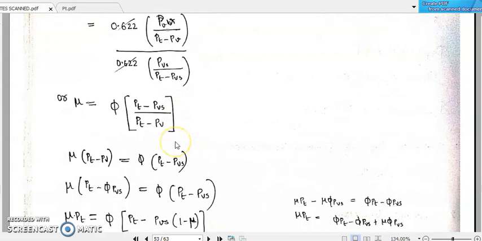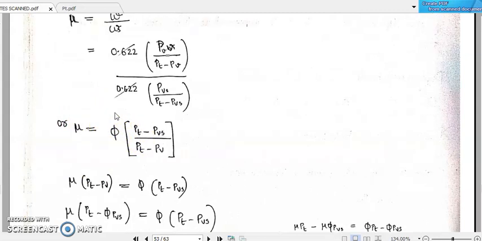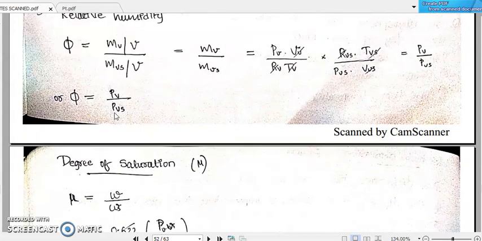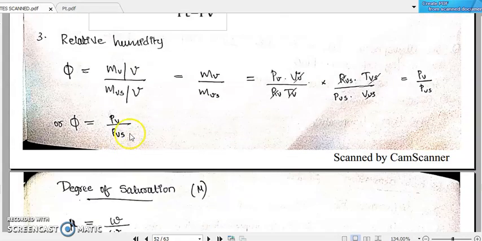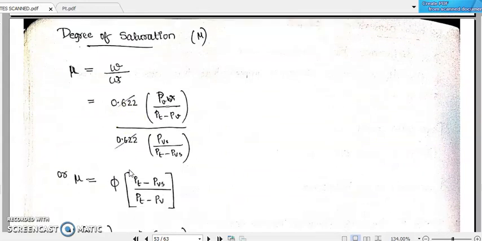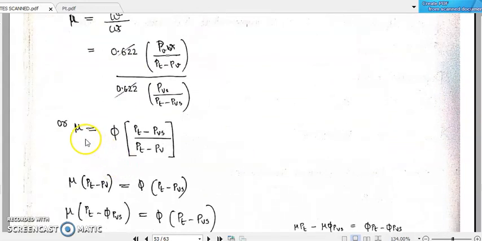Or we can write this, mu will be equal to phi times, bringing in the terms for relative humidity. Relative humidity was PV by PVS. So instead of PV and PVS, we can write in terms of the relative humidity phi. So degree of saturation mu can be written as relative humidity phi times PT minus PVS by PT minus PV.